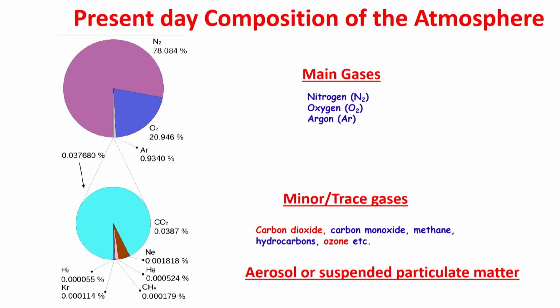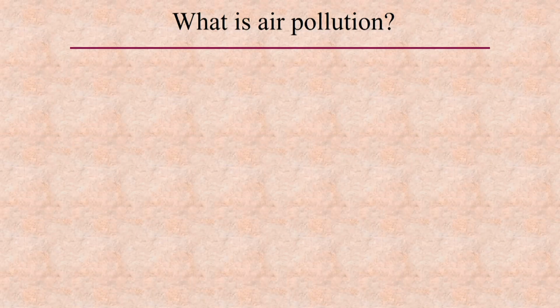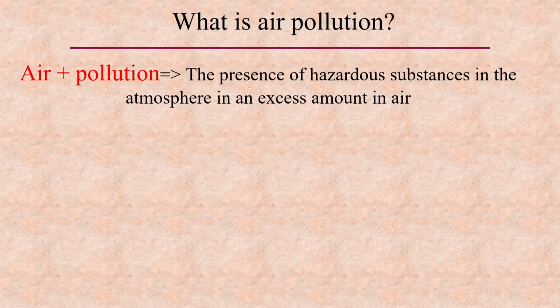This is actually a big problem, and that is why this becomes a very important thing, although we do not have a very standard concentration. Okay. So, what do you mean by air pollution? As the words suggest, it has two words, air and pollution.